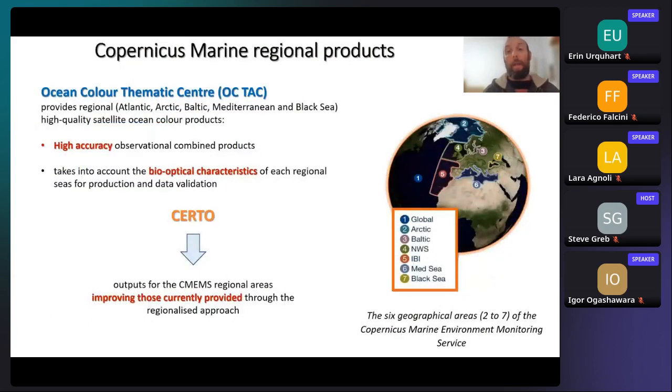Well, another important aspect of the CERTO project and the interaction with the users is to make the users totally aware of the availability of ocean color products in the Copernicus Marine Service, and try to understand with the users what the gaps of those products are that are still emerging for coastal applications.